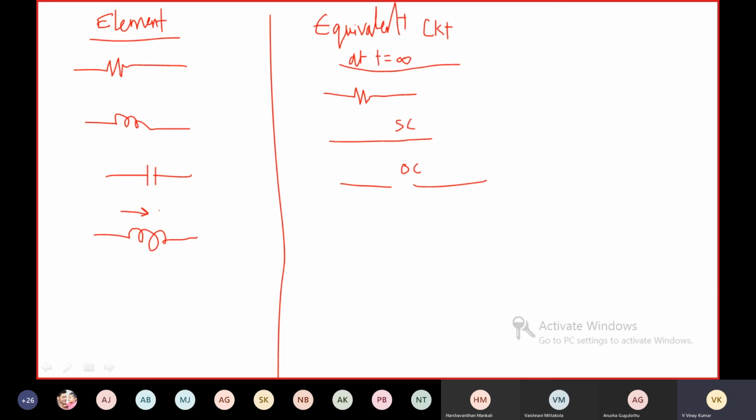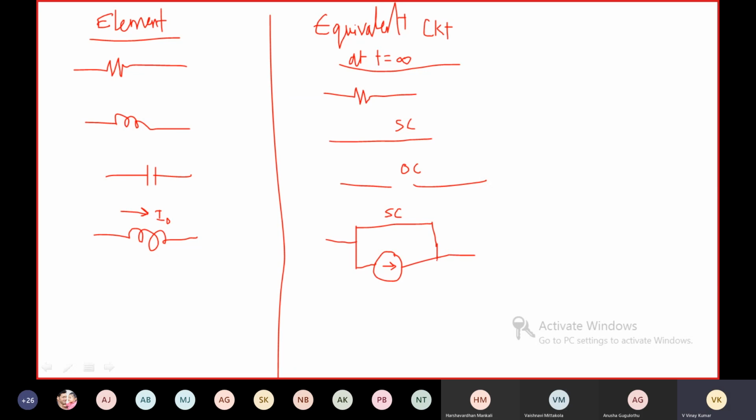Let I naught be the initial value in the inductor. Then you're going to have the circuit like this: short circuit, because of initial value, current source.